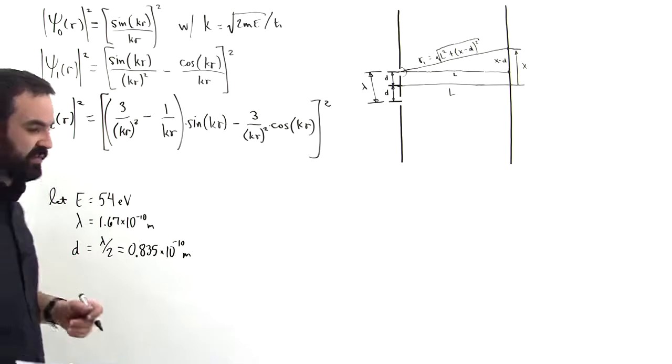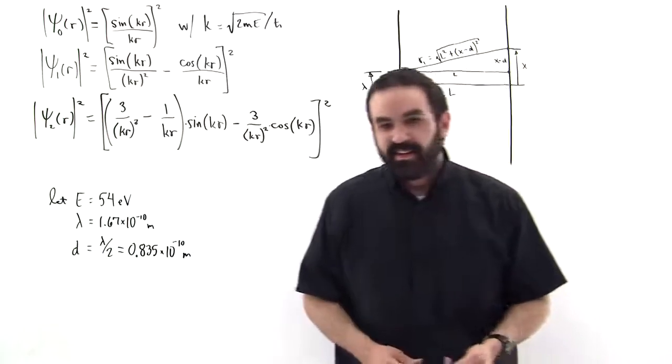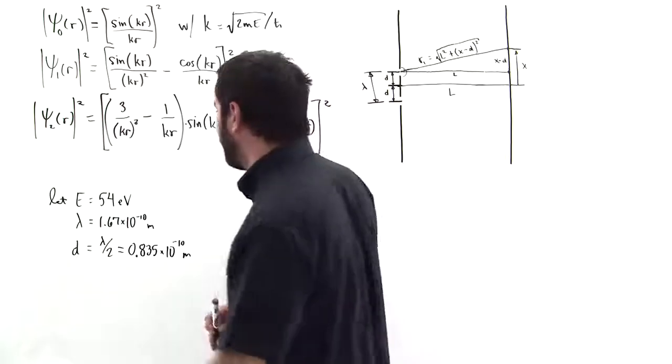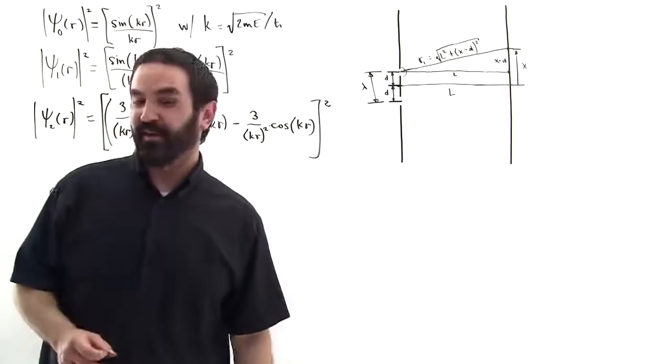Now, 54 electron volts. I want to convert this to joules for you, because if you're going to plug it in your calculator, you need to put it in joules.